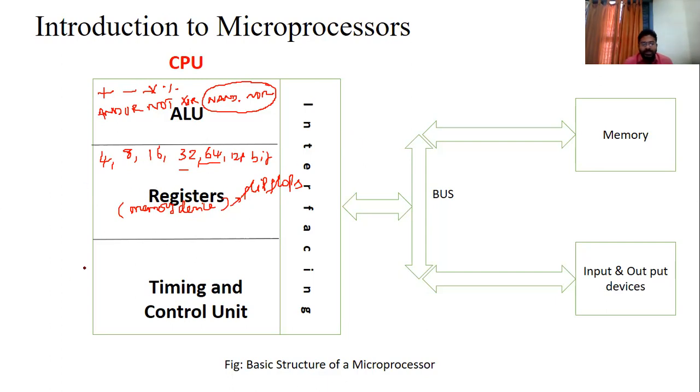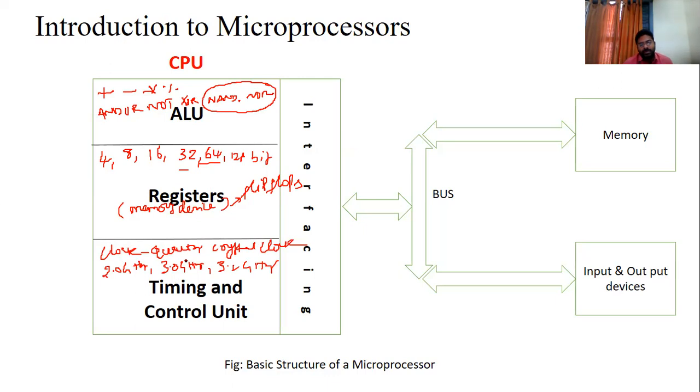Then what is the timing and control unit? It has the clock, which you can also call the crystal clock. Whenever you want to buy a microprocessor, you will see a 2.0 gigahertz clock, 3.0 gigahertz clock, or 3.2 gigahertz.